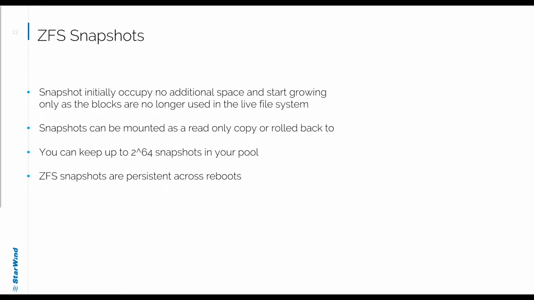The snapshots can be mounted read-only to allow for the recovery of previous versions of files. It is also possible to roll back a live file system to a specific snapshot, undoing any changes that took place after the snapshot was taken. Also, the ZFS snapshot is a basis of ZFS replication.